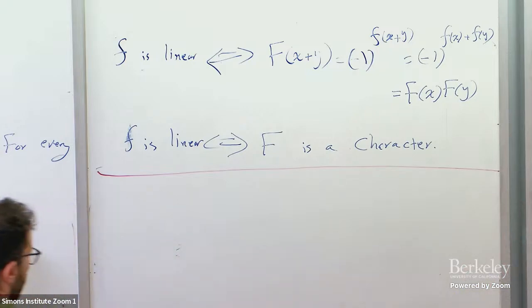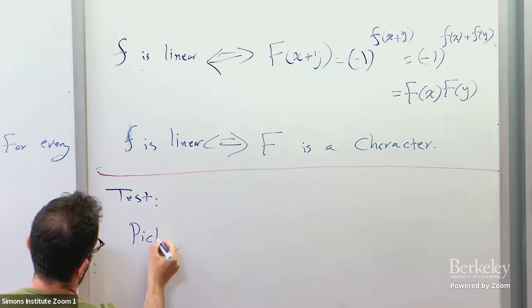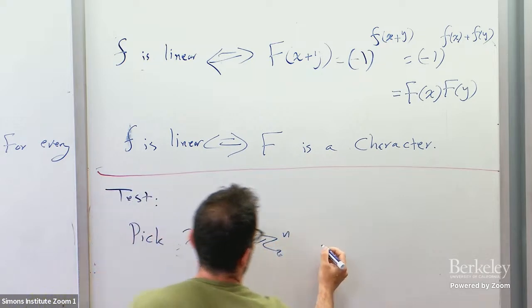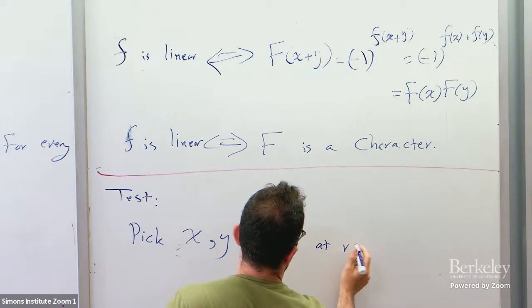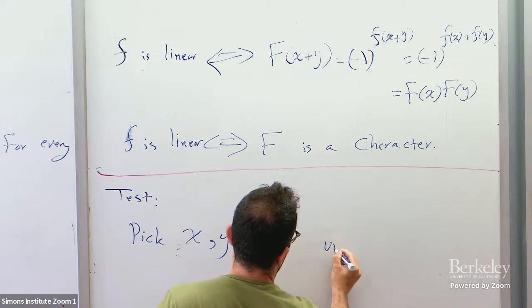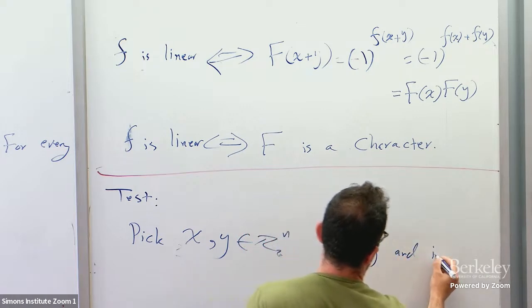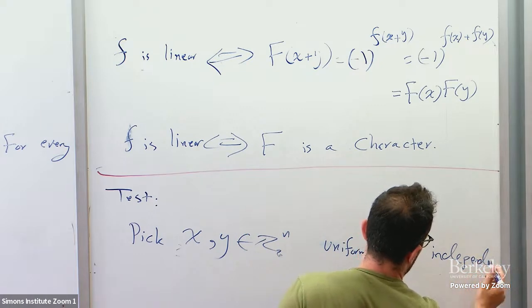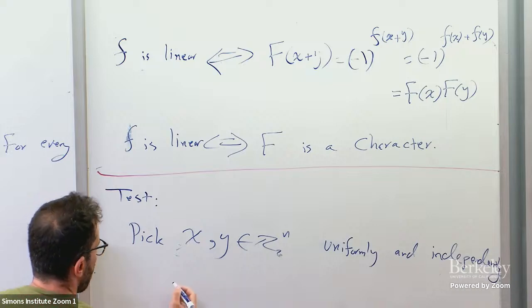Okay, so let's look at the natural thing we would do. This is the test we're going to perform. Pick x and y randomly and independently, uniformly. So we pick two points, and do the natural thing.